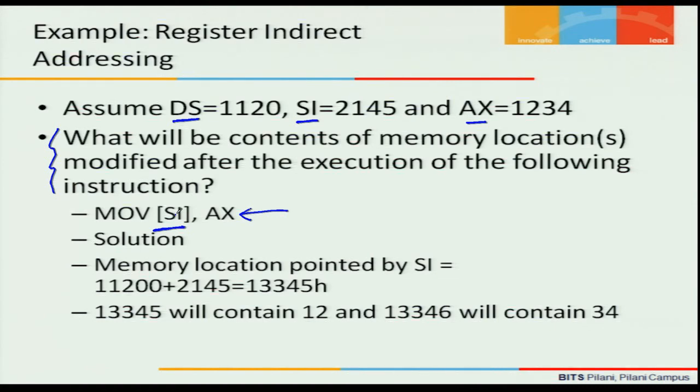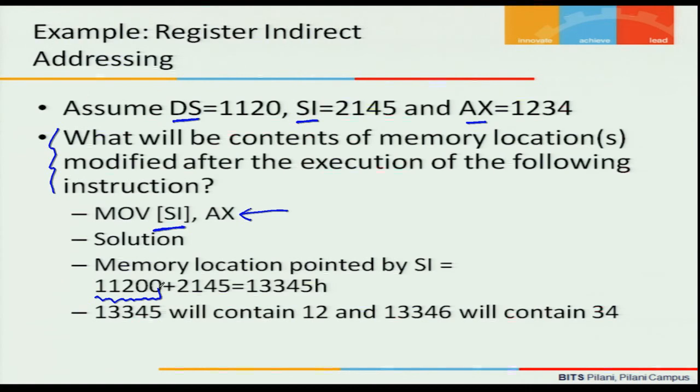Remember how you will calculate the effective address: SI is pointing to an offset in the data segment. The data segment is starting at a location 11200, left shift by 4 bits and get a 20-bit address.